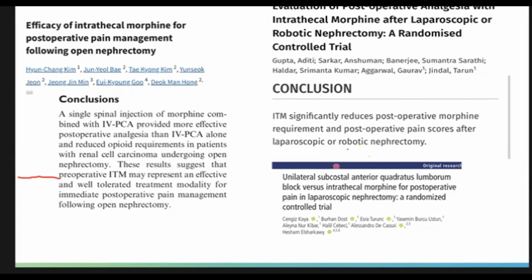So cardiac output will be reduced in this patient. So sympathetic blockade is what we want to avoid. Venous return will be decreased and the SVR will increase. So in these patients, if you give epidural during the surgery, there will be risk of hypotension. Yes, sir.